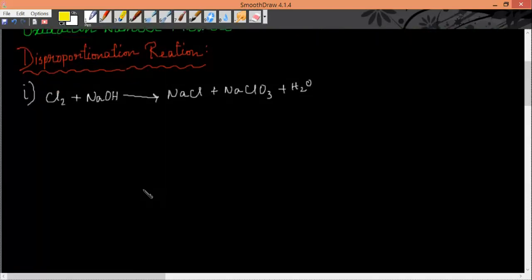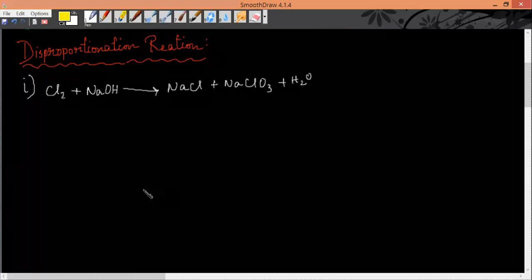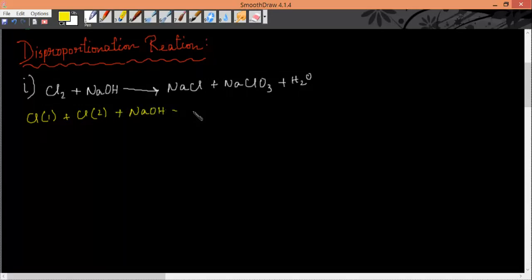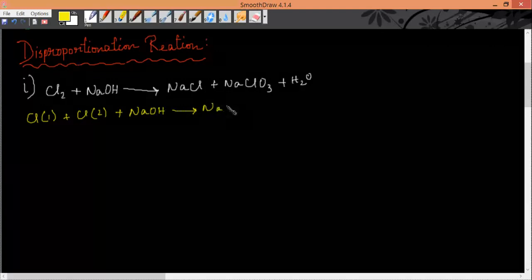First, for the disproportionation reaction, we can write this reaction as Cl2 plus NaOH to give NaCl plus NaClO3 plus H2O.